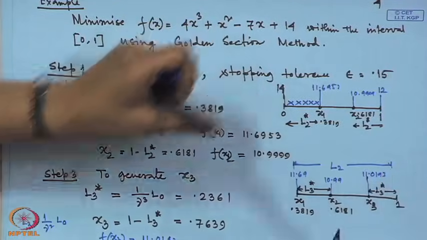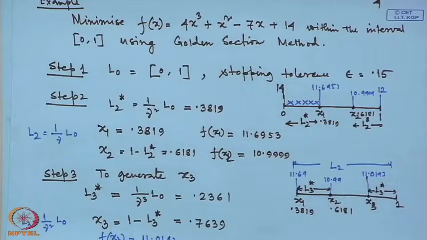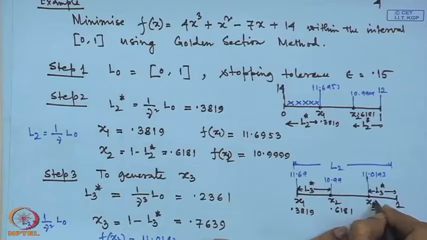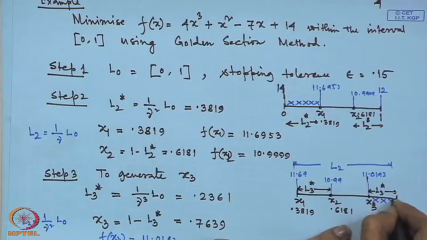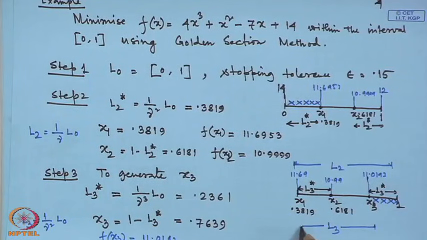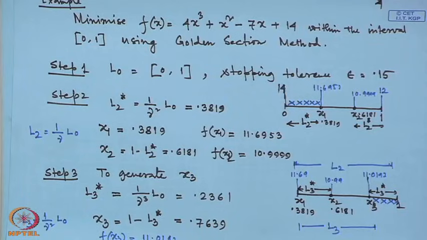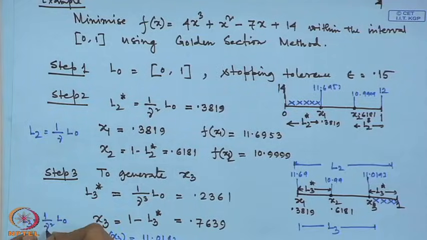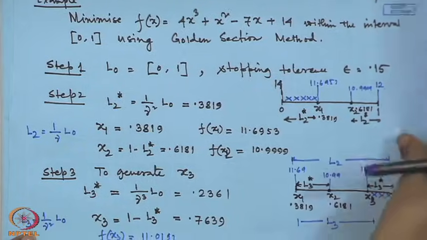Then since we want to achieve the minimum of this function, certainly we will discard this region in the next iteration. That is why my L3 will be from this point to this point, that is from x1 to x2. In the next step, if you just see the length of L3, it will come as 1 by gamma square L naught.